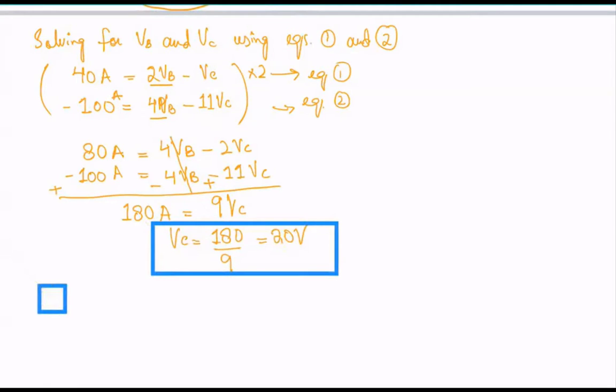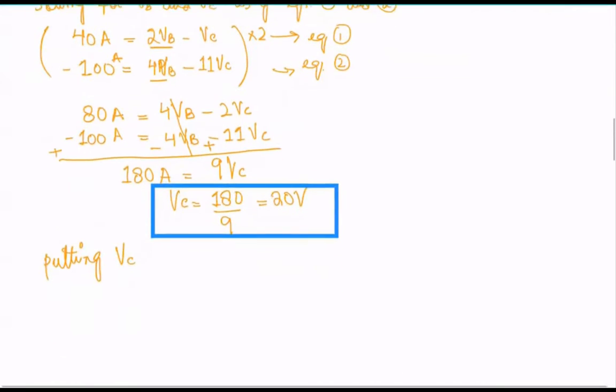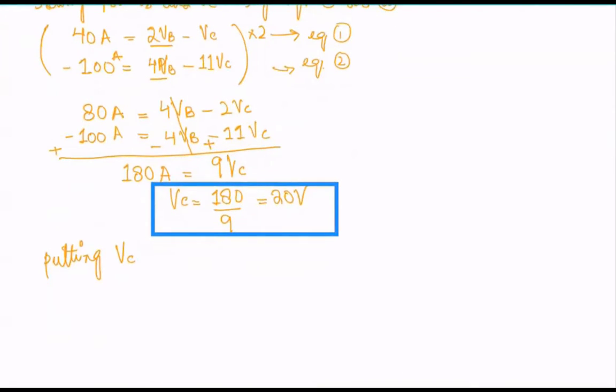Now, the next thing we're gonna do is put VC in either equation 1 or equation 2. I'll just take equation 1 over there, putting VC in equation 1. So 40 amps equals 2 VB minus VC.